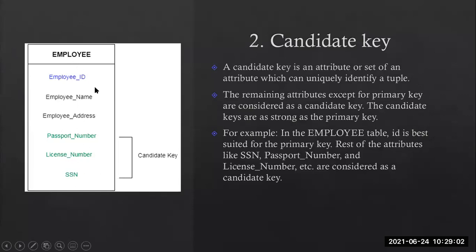But we have already created the employee ID as the primary key. Any other attributes which are also unique, we call candidate keys. Candidate key can also be called an alternate key. If you are not able to identify yourself for voting with the help of the voter ID, you can go with the help of the Aadhaar card also.